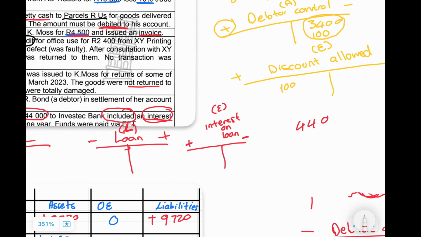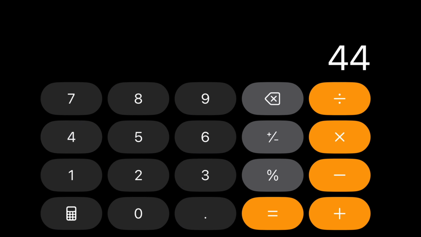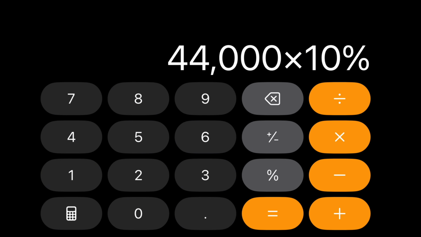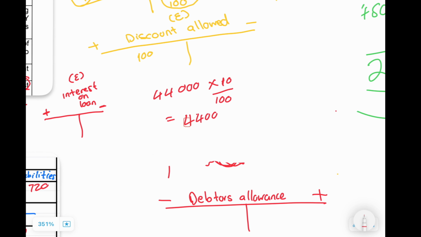So we paid 44,000, and 10% of that is interest. Let's go to our calculator: 44,000 multiplied by 10% is 4,400. That is the interest amount.